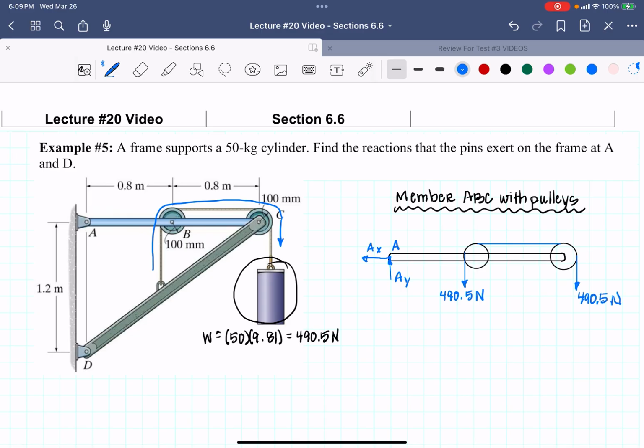The only other thing I've got to consider is that I have a pin joint here at C that is holding some weight. There is a pin at B, but it is just supporting the pulley. So at C, we're supporting the rod that's coming in. We're going to have a vertical component, because it's like a pin, and a horizontal component.